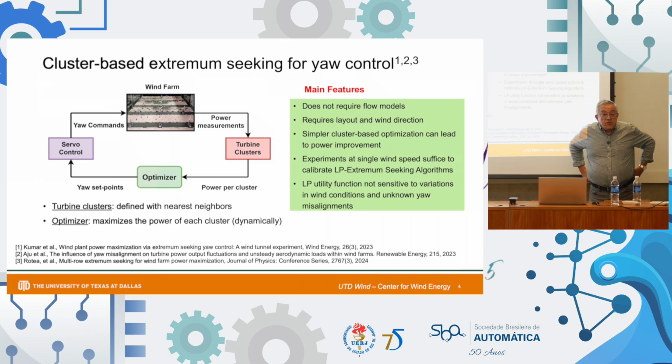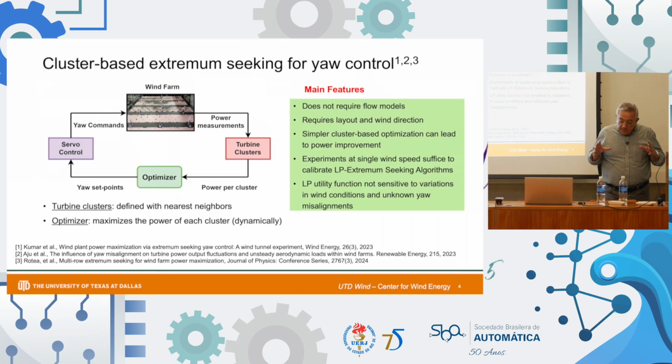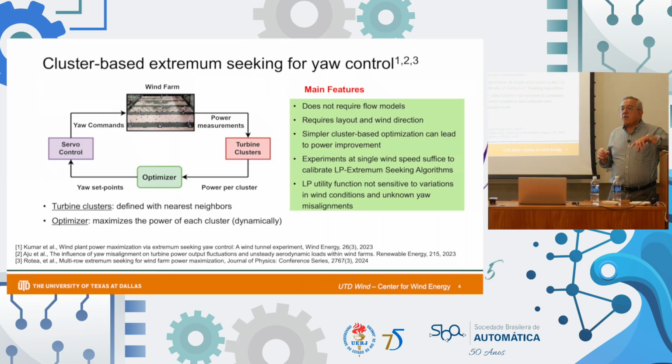So our approach to this active area of research, first of all, the reason why I ask about Navier-Stokes is because trying to model the flow in a wind farm is an extremely difficult problem. You're talking about the interaction between structures and fluid mechanics at different length scales and time scales.